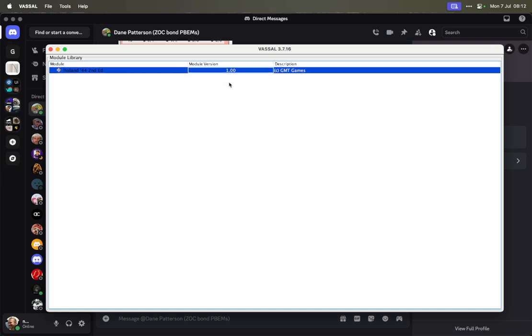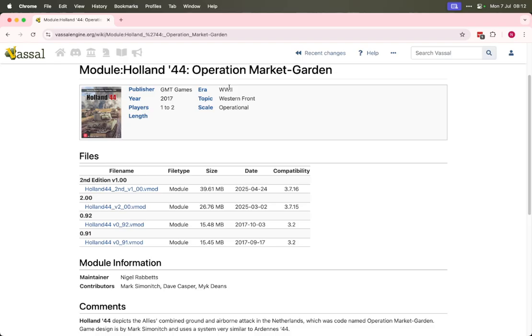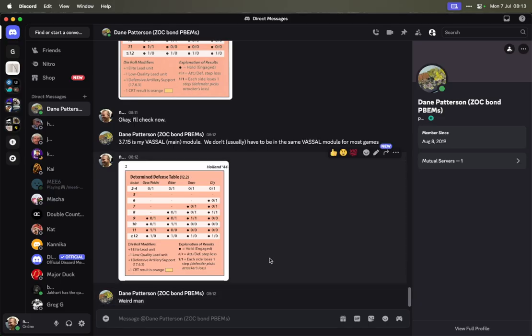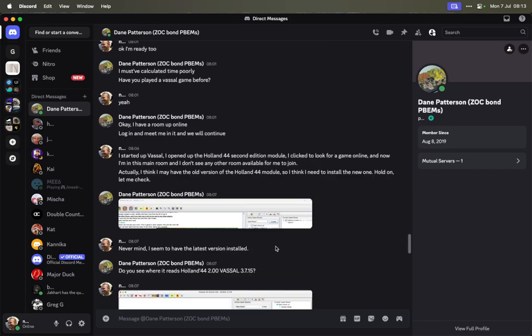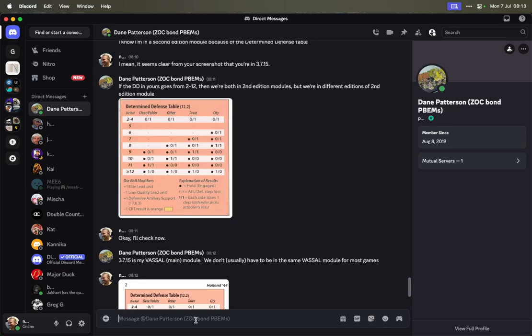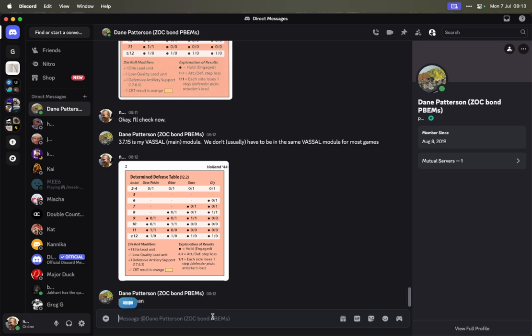Module version 1.0. What do you see when you go to the module selection screen?